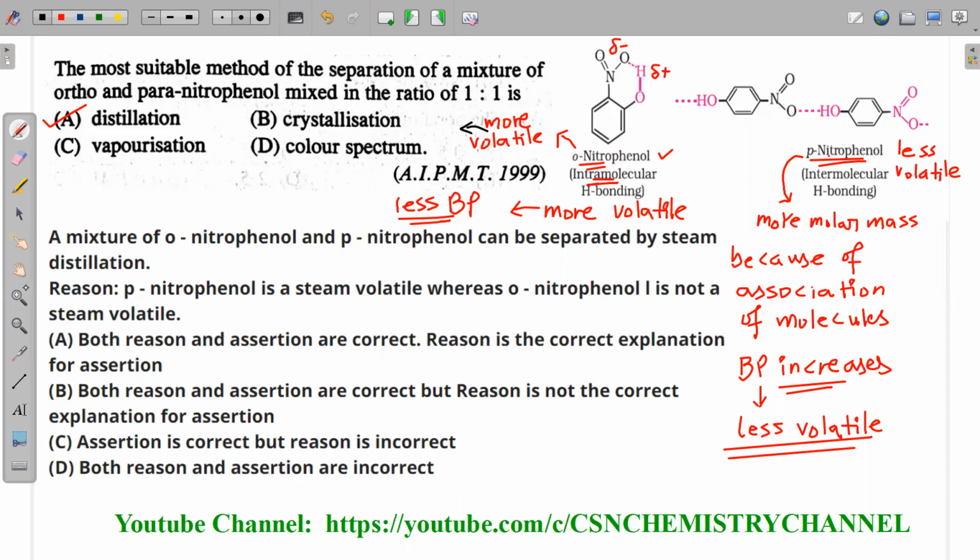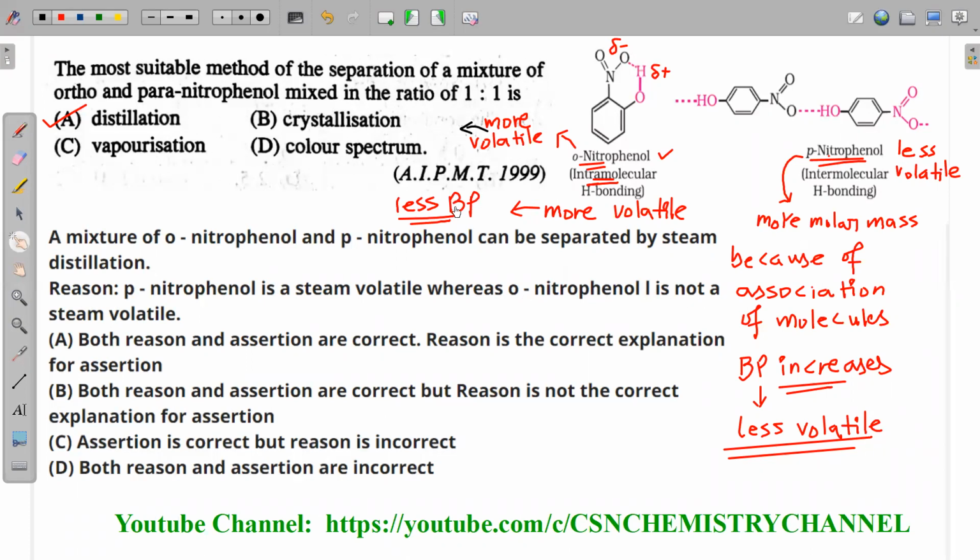Once again, read the statements. A mixture of orthonitrophenol and para-nitrophenol can be separated by steam distillation. Yes, it is correct, no doubt. Whether this statement is justified by this reason or not: the reason is para-nitrophenol is steam volatile, whereas orthonitrophenol is not steam volatile.